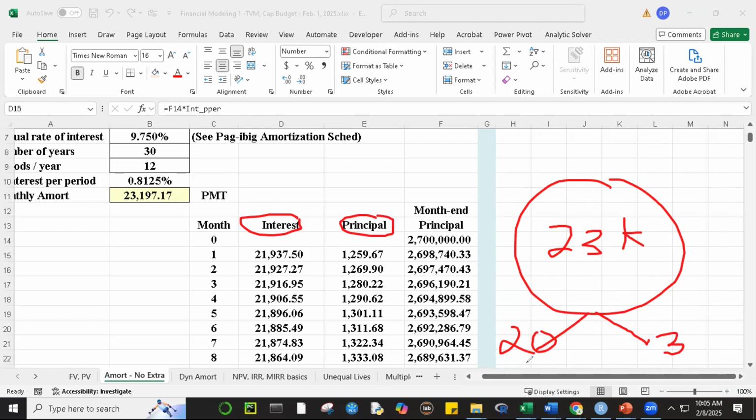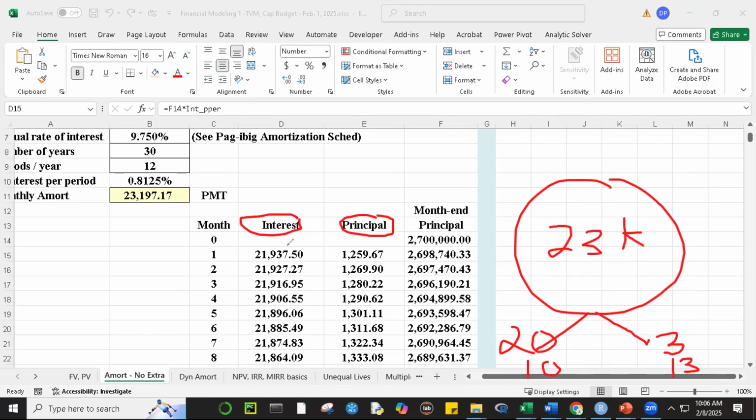If I pay here 10,000 for interest, therefore 13,000 will go to principal payment. So this sum will always be 23,197. If you sum this all up, it will always be 23,197, because that's the fixed amount that you're going to pay. Nothing more, nothing less.